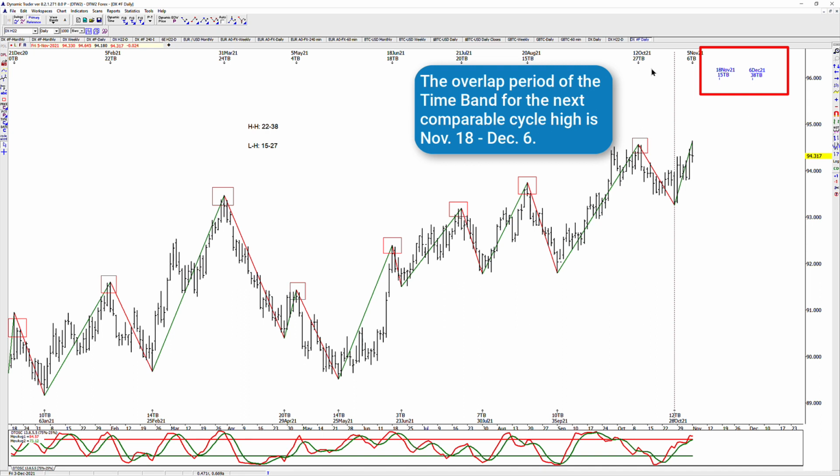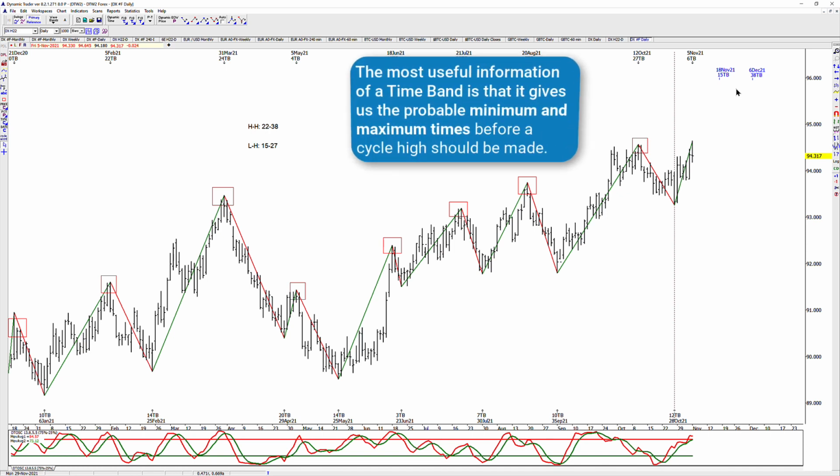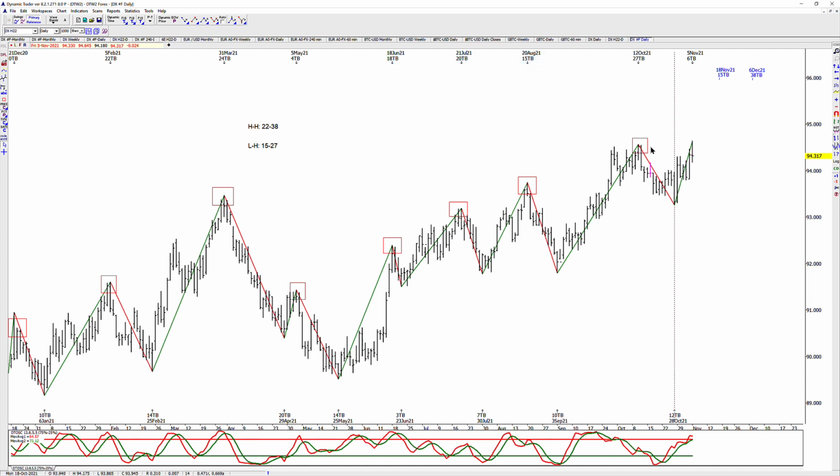Now, because these ranges between the high to highs and the low to highs were fairly broad ranges, this time band is also fairly broad. So it's not going to pinpoint the probable high in this case, but it'll give us at least a minimum time and a maximum time. So up until November 18th, more than likely we're not going to complete a high comparable to this.